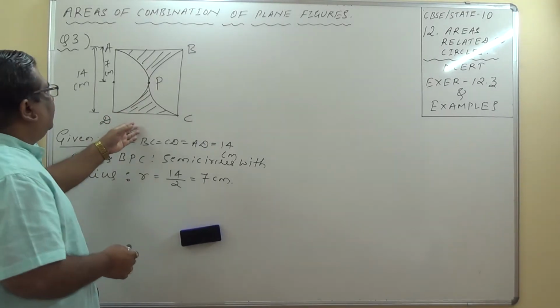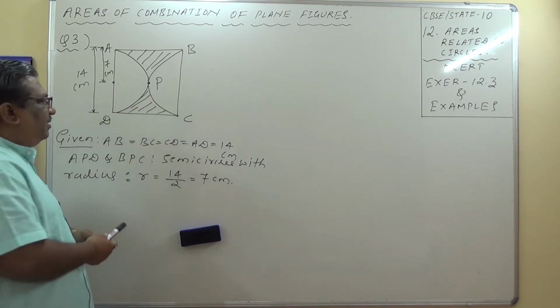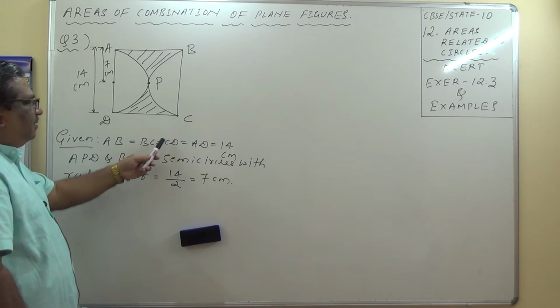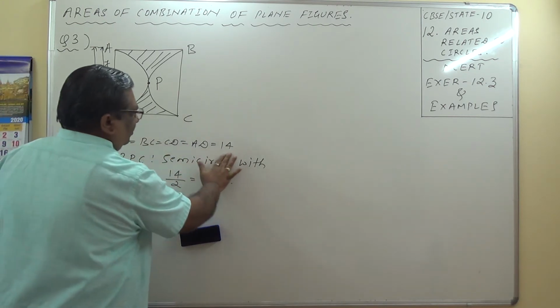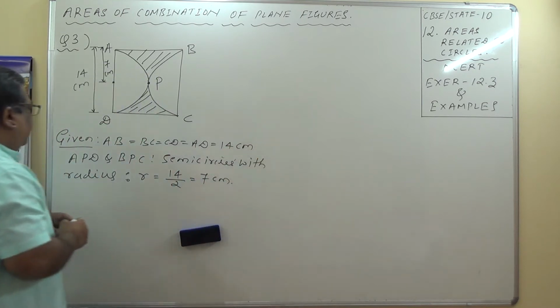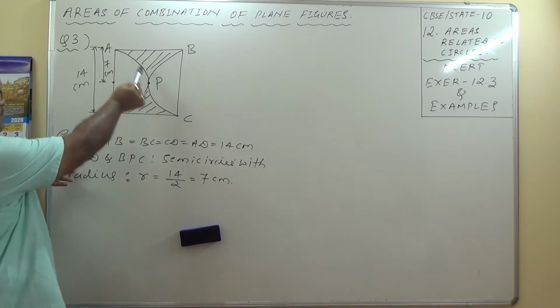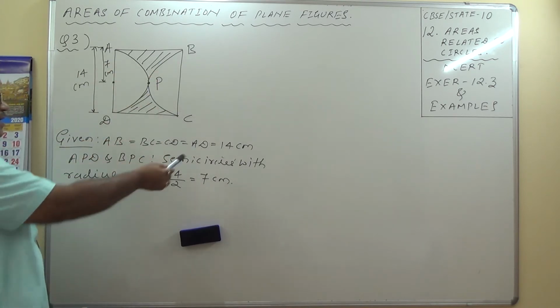This is the given diagram. ABCD is a square of side 14 centimeter, meaning AB equals BC equals CD equals AD equals 14 centimeter. And APD and BPC are 2 semicircles. What is the radius of that?